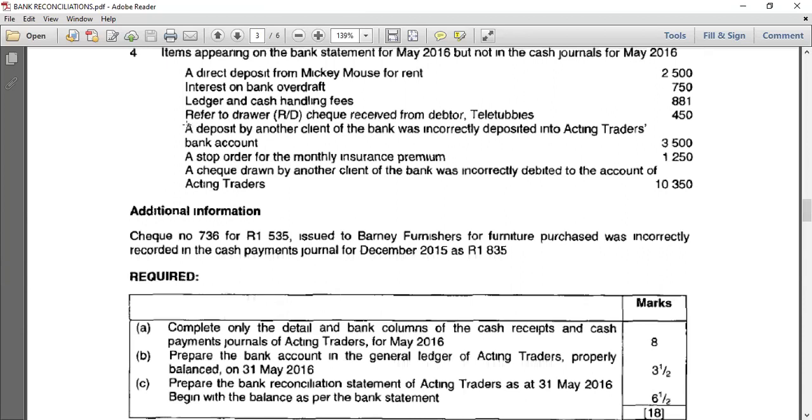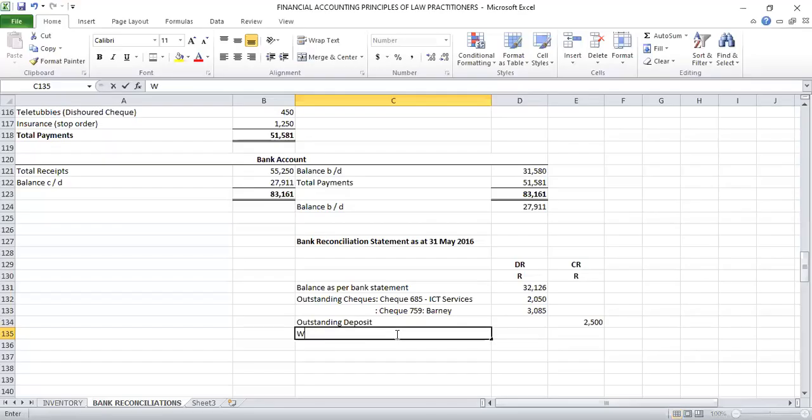Number one, a deposit by another client of the bank was incorrectly deposited into Acting Traders' account, 3,500. So that's a wrong deposit. To correct or cancel it, we record it on the debit side. Why?